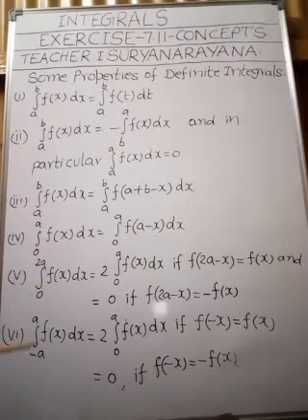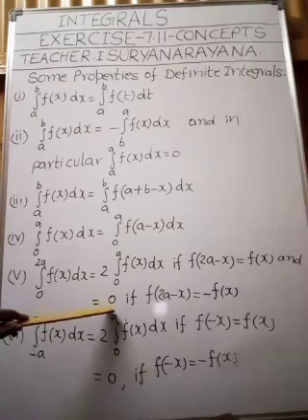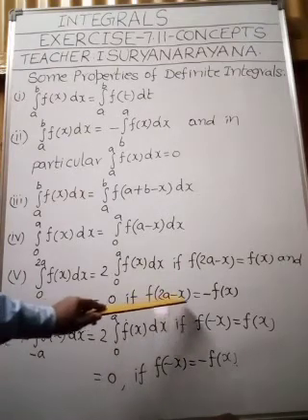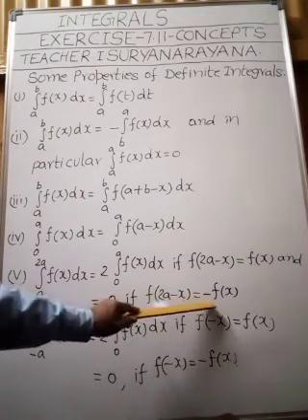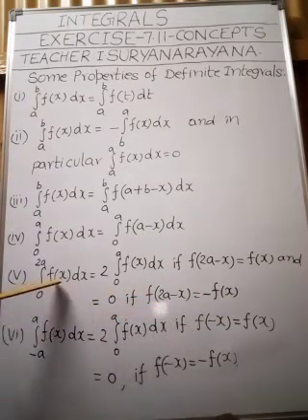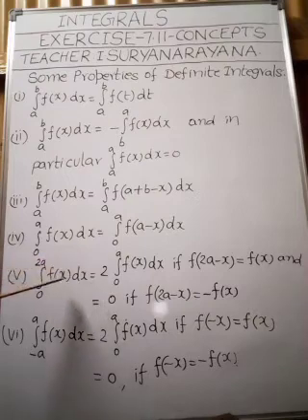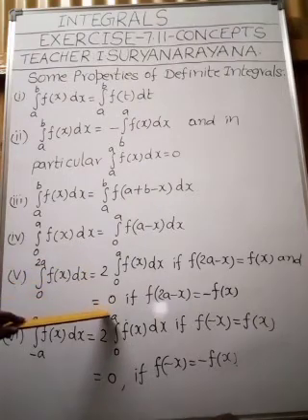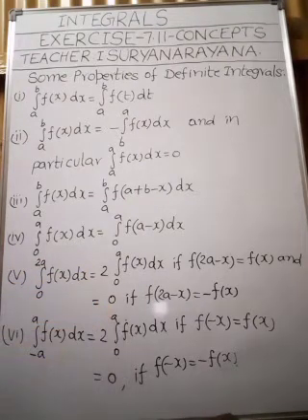Otherwise, its value is 0 if f of (2a minus x) is equal to minus f of x. If this condition is satisfied, then the value of this definite integral is equal to 0. Right.